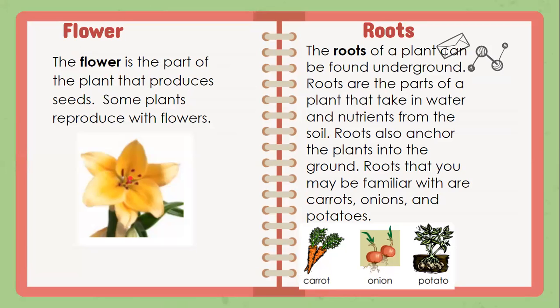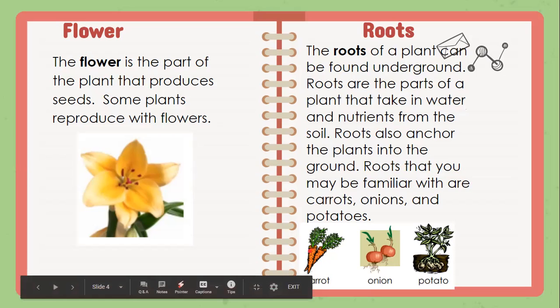Roots. The roots of a plant can be found underground. Roots are the parts of a plant that take in water and nutrients from the soil. Roots also anchor the plants into the ground. Roots that you may be familiar with are carrots, onions, and potatoes. In the first picture is a carrot.